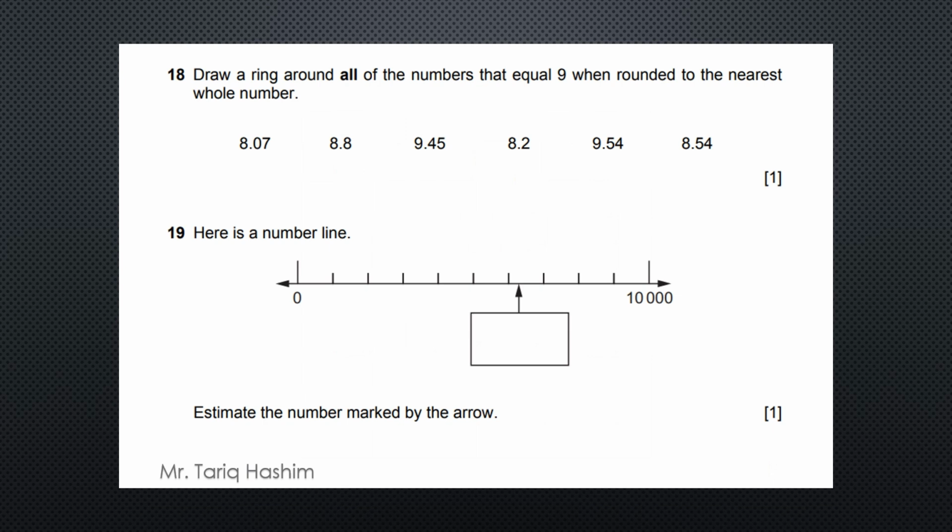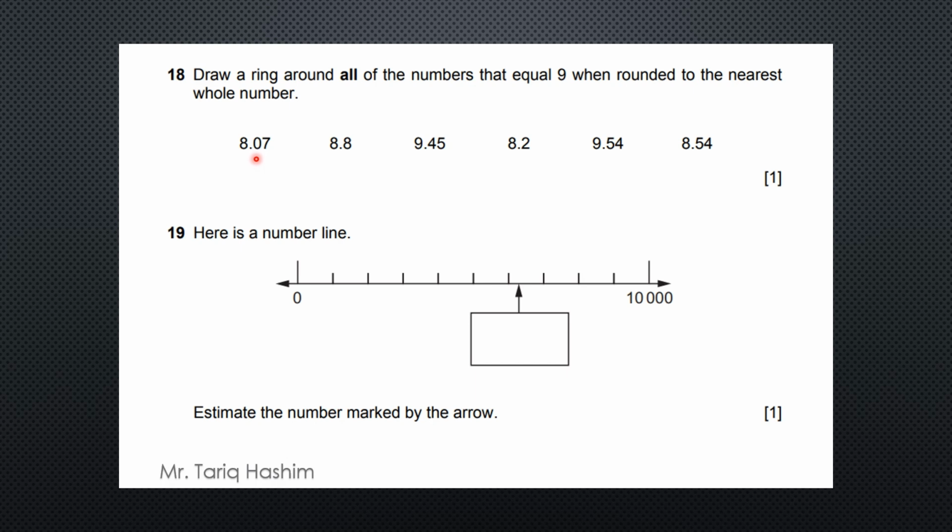Question 18. Draw a ring around all of the numbers that equal 9 when rounded to the nearest whole number. So we have these numbers here: 8.07, 8.8, 9.45, 8.2, 9.54, 8.54. To round the number to the nearest whole number, first we have to look at the first number after the decimal point, which is 0 here.